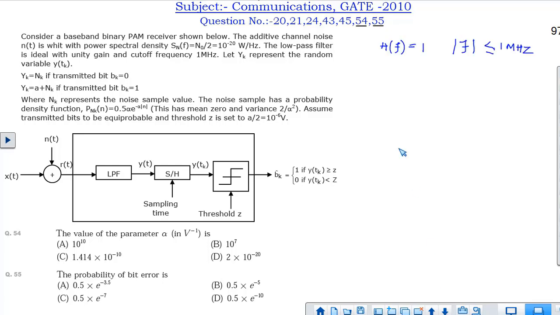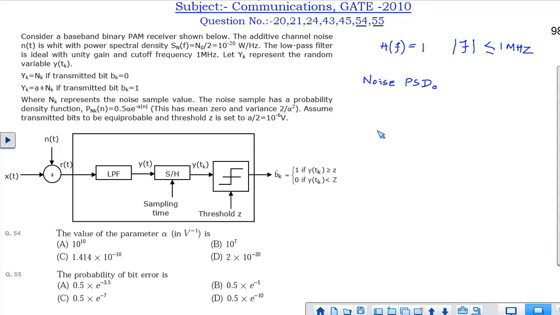The transfer function of the low pass filter has unit gain and is ideal, that is, it has a sharp cutoff, and the cutoff frequency is given to be 1 megahertz.